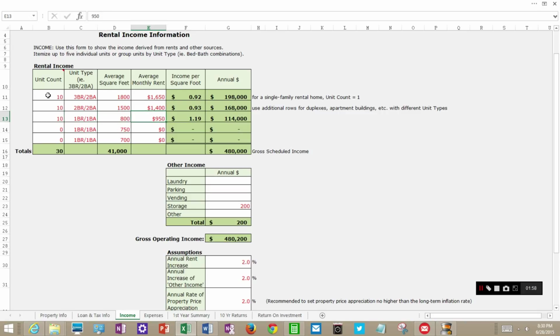You can see the spreadsheet easily calculates your income for any size or type of property. You can enter your other assumptions here, such as annual rent increase and property appreciation that you want to model. We'll go back to a single family unit because that's what the rest of the spreadsheets are set up for.